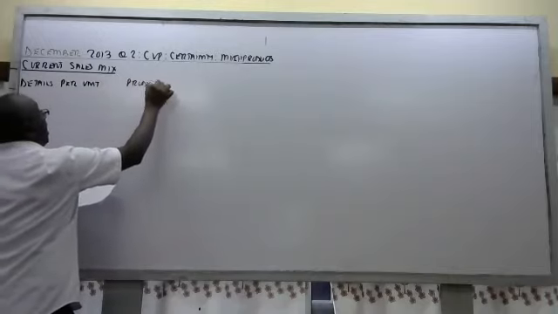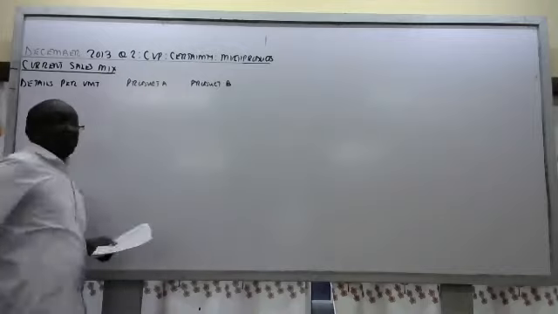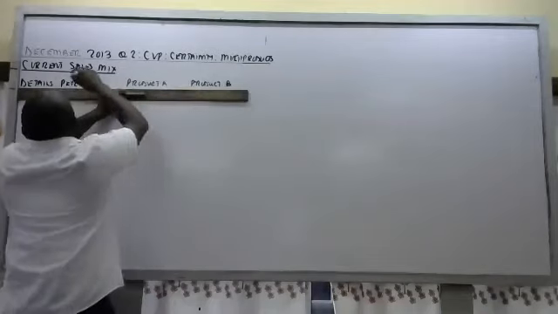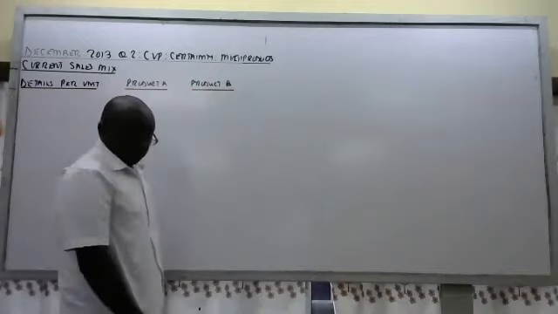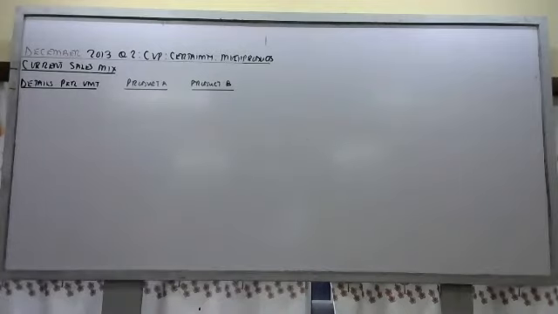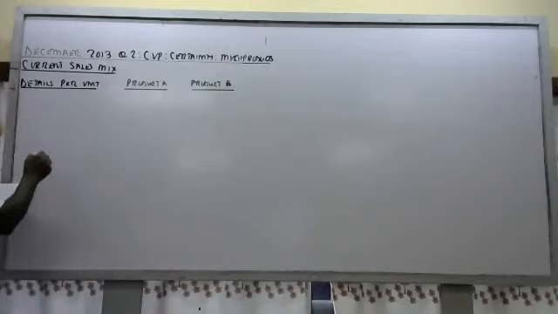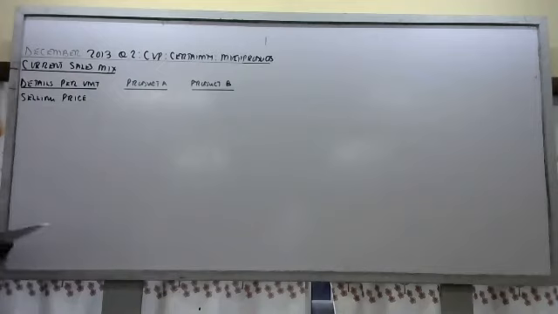We have product A and then product B. The first thing is selling price.